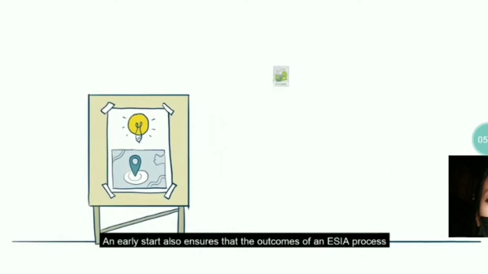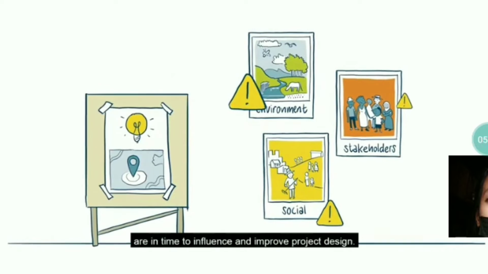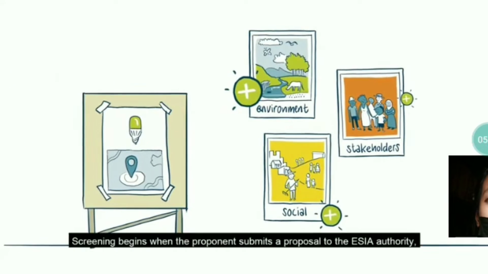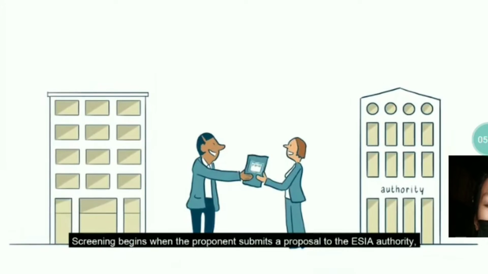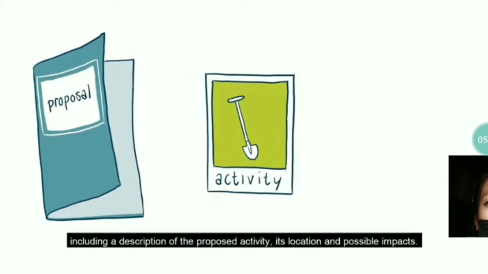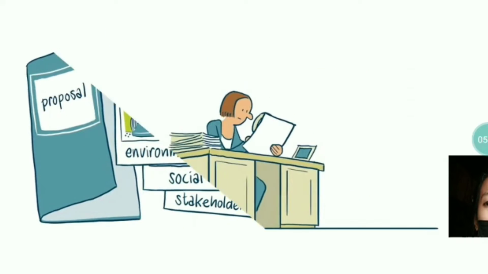An early start also ensures that the outcomes of an ESIA process are in time to influence and improve project design. Screening begins when the proponent submits a proposal to the ESIA authority, including a description of the proposed activity, its location, and possible impacts.